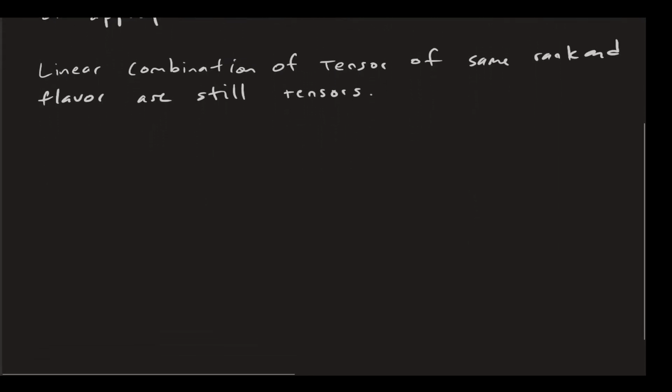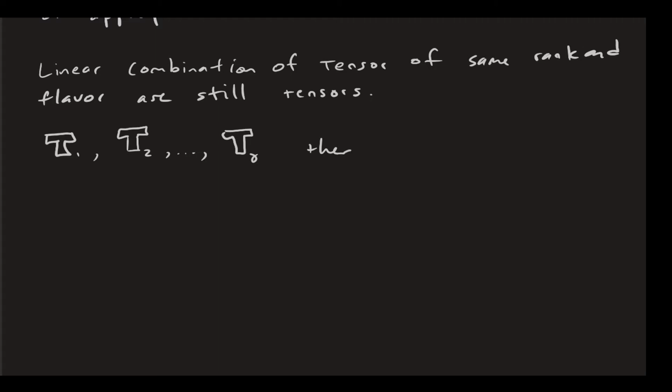So basically we have tensor 1, tensor 2, all the way out to tensor gamma, we'll call it. These are all tensors of the same rank and flavor.